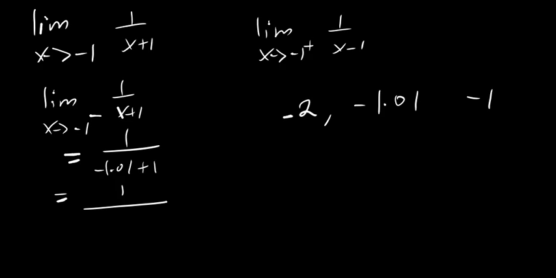Sir, I think negative 1.01 is closer to negative 1. Negative 2 is a bit far. Are you trying to get the logic there? Or you are still behind? This is confusing. You know the reason why it's confusing is because of the negative.